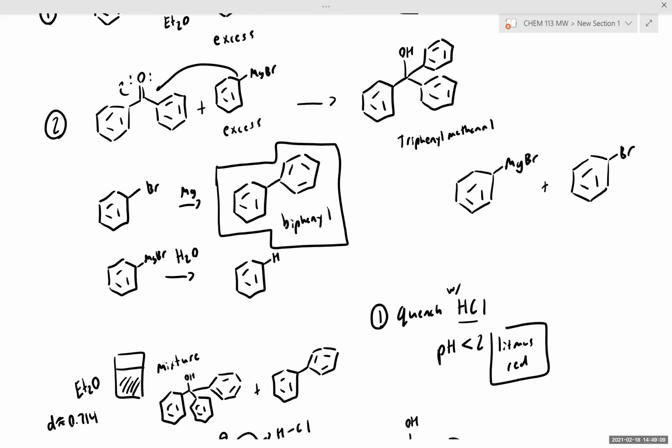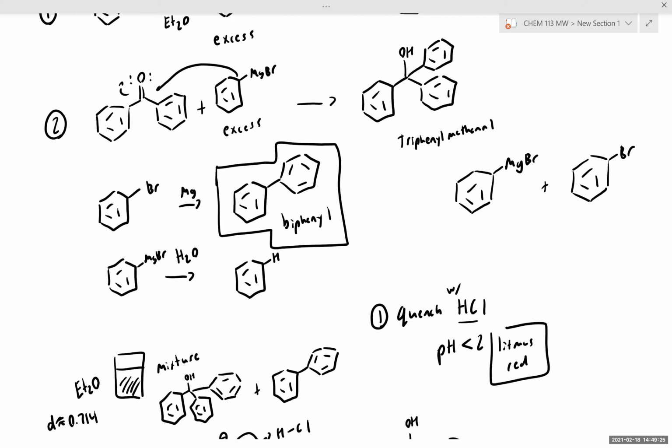I'm trying to think of a reasonable way to draw this in a way that we're not going through excessive organometallic mechanisms.